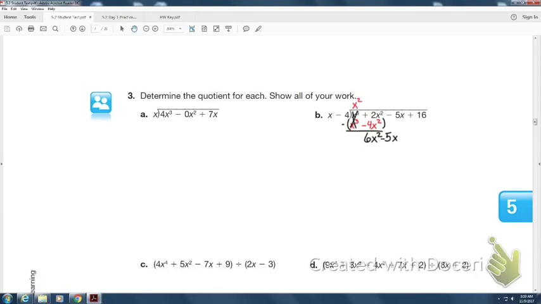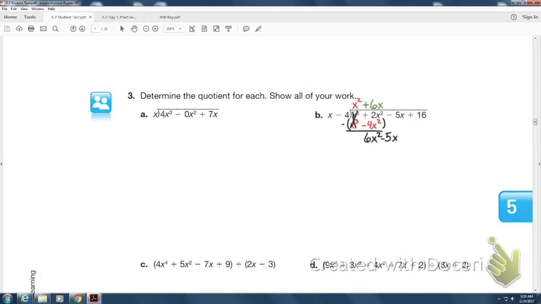And after that, Jeremy, what do I do? Then you do 6x squared divided by x. Which would be what? 6x. That's just positive. It's absolutely positive.